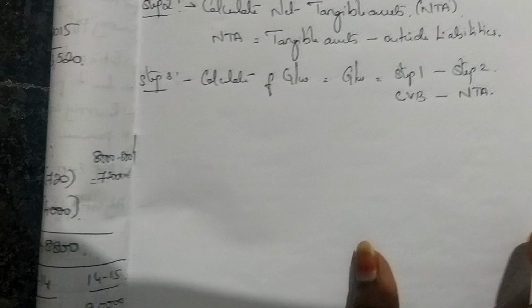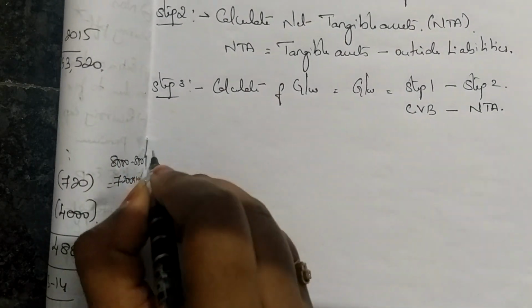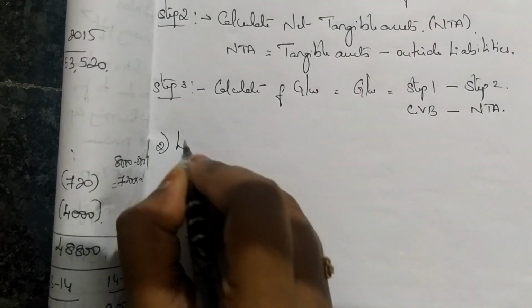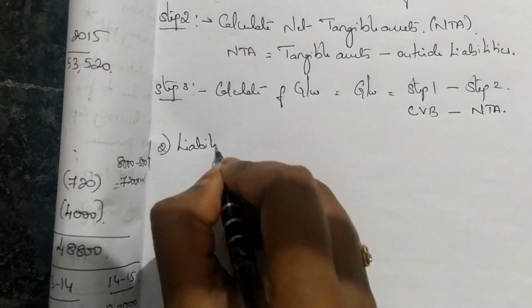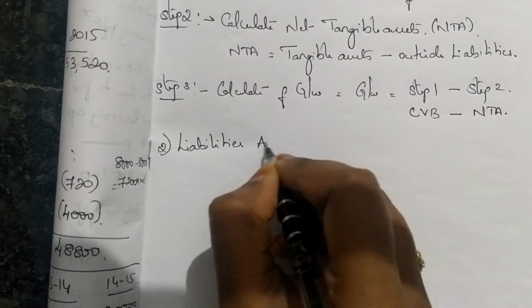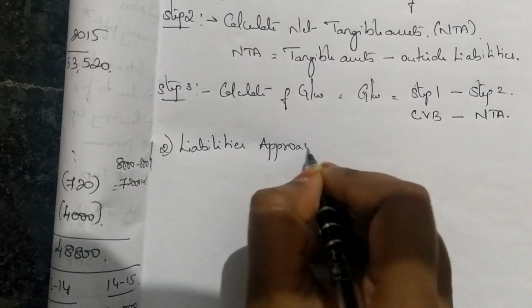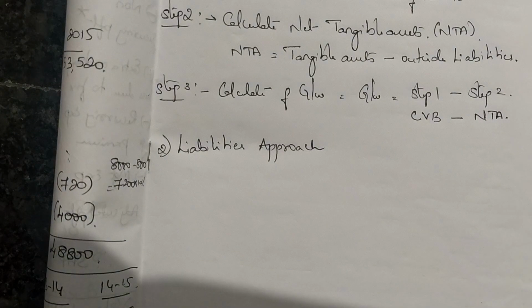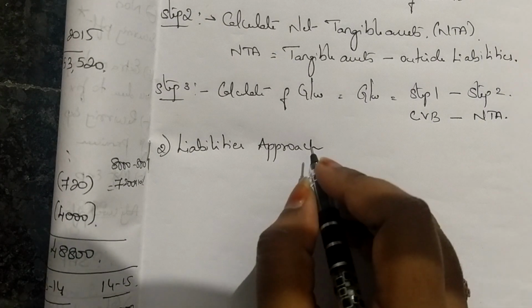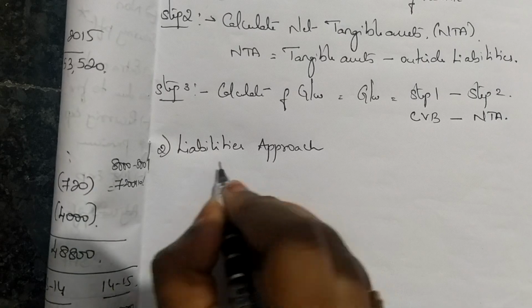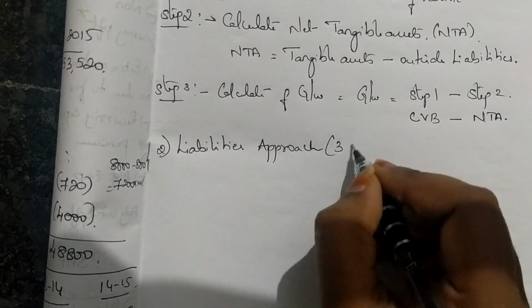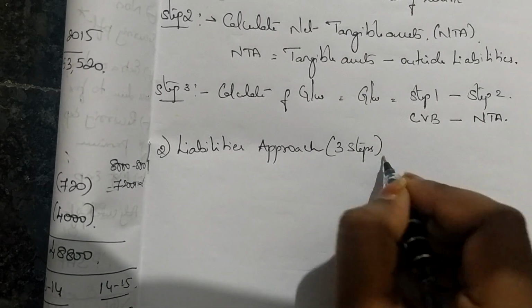Now we'll see another 3 steps if the problem is asking you for the liabilities approach. It is either called the liabilities approach or the capital employed approach. Both mean the same. So we'll see the liabilities approach, where again you have to do 3 steps.